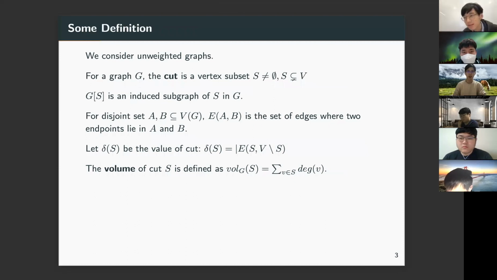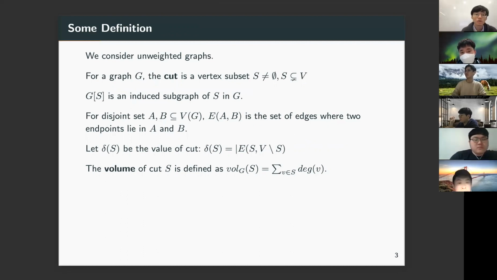Before we start, let's get to some definitions. They are not hard. For a graph, a cut is a vertex subset where the subset is not empty and is also not the full set. So it's a division of the graph into two pieces where both pieces are non-empty.